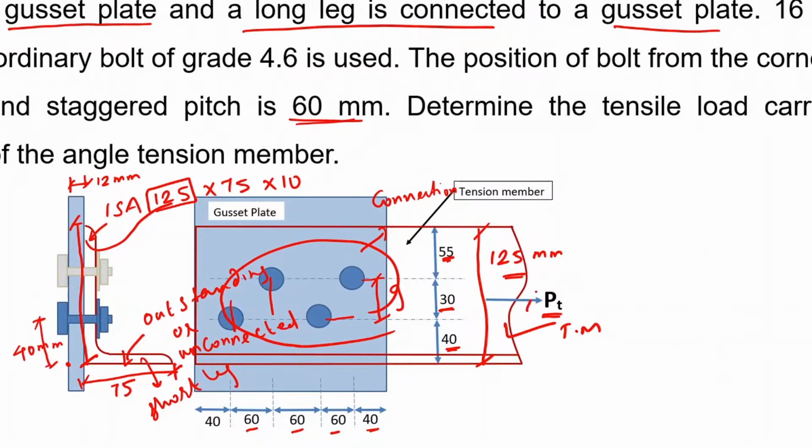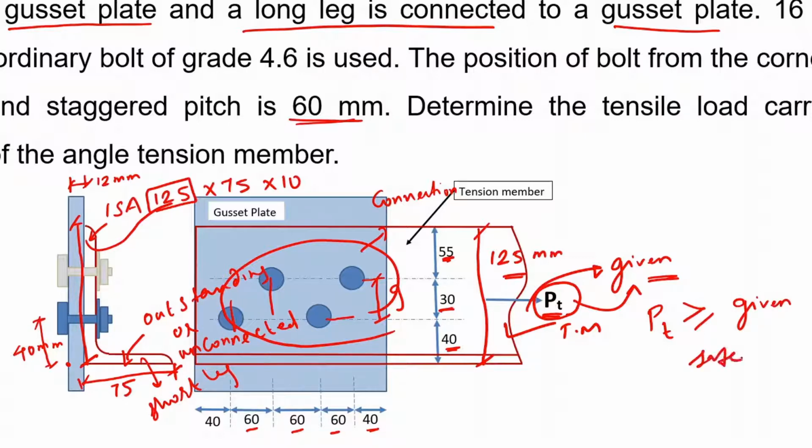If the design load is already given, then you need to check whether the tension member's load carrying capacity is above or below the given load. If the load carrying capacity of the tension member is greater than or equal to the given factored design load, then it is safe. Otherwise, it is not safe. This is the conclusion of this numerical. We are going to find the load carrying capacity of this tension member.